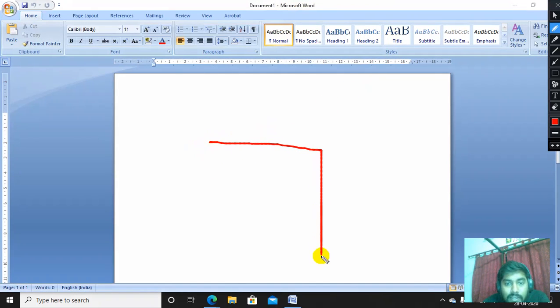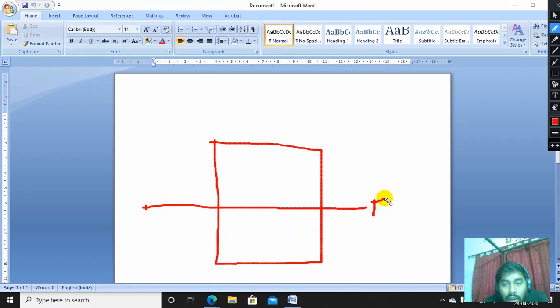If this is a rectangle section, first we have to find out the equal area axis.